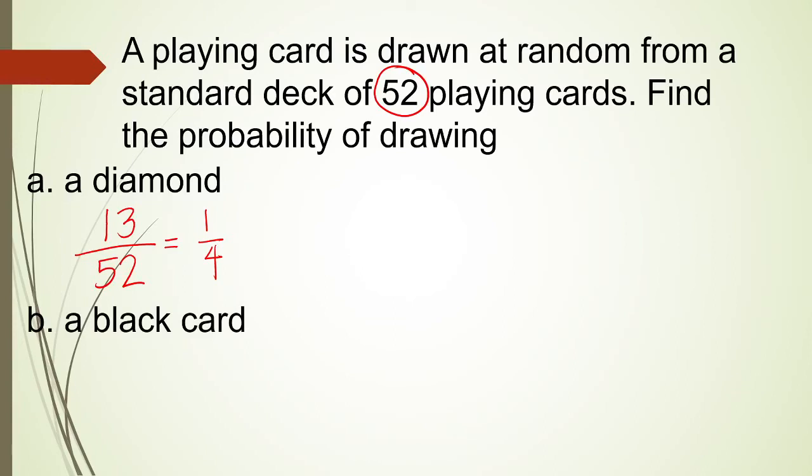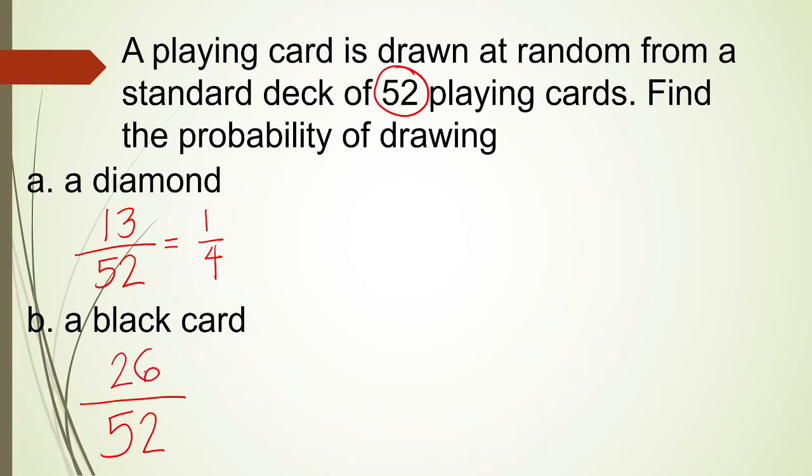A black card. Still, pilay denominator? 52. Now, how many black cards do we have? Take note, katunga anang 52 red, katunga black. So, how many black cards do we have? 26.